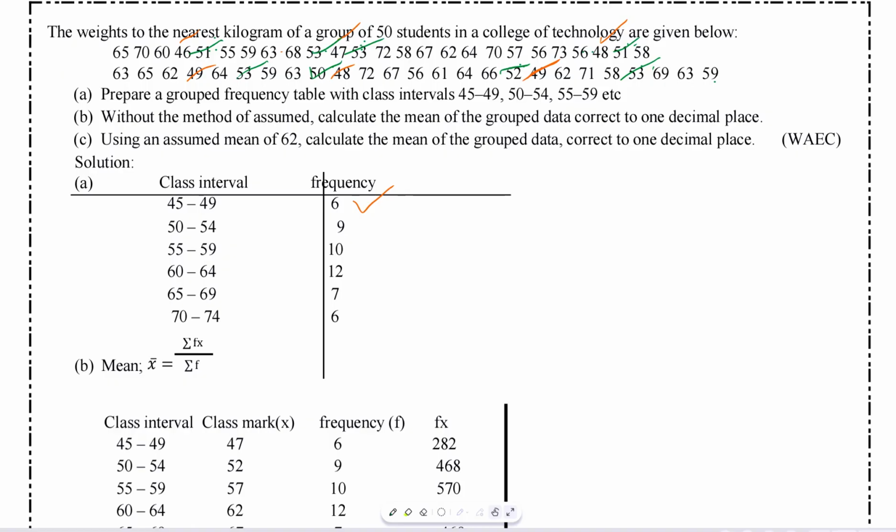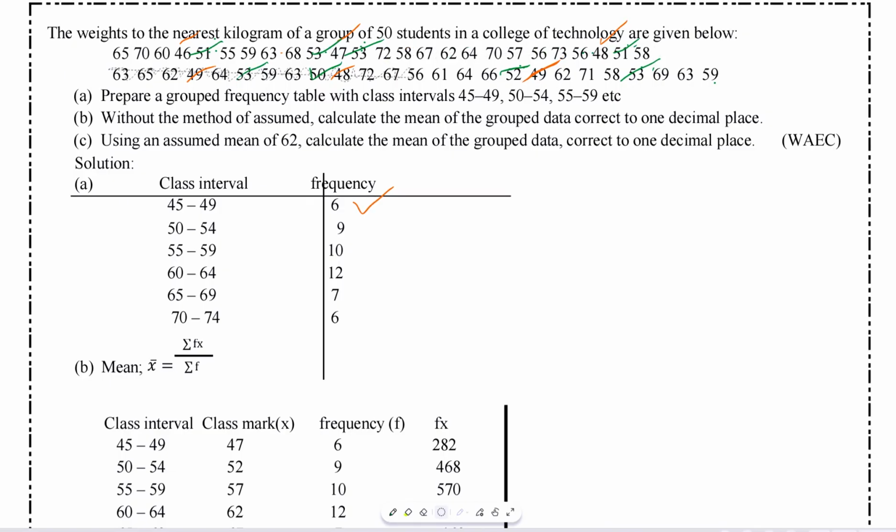I'm just trying to look at it. So there are no 50 to 54 here. I did not see any 50 to 54 in that part. So 50 to 54, one more.